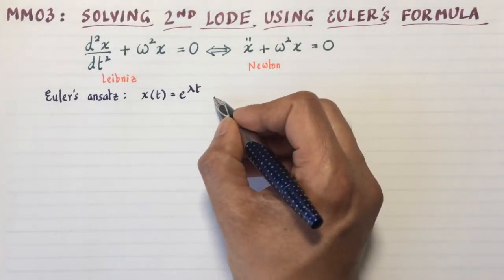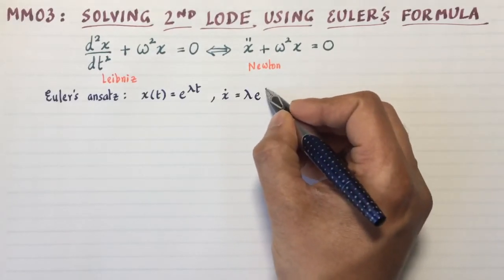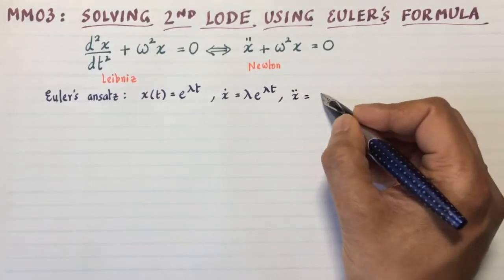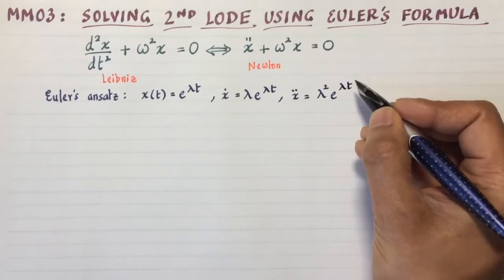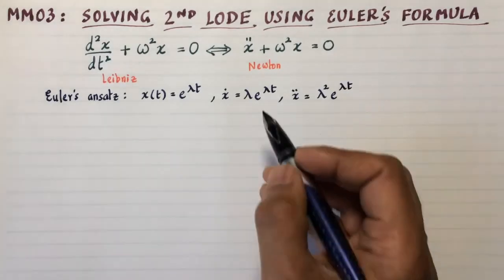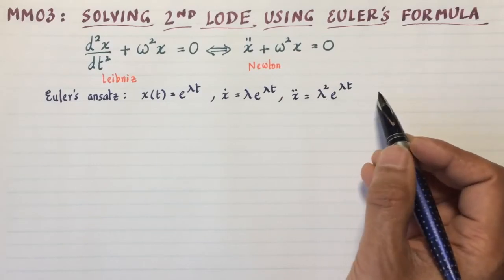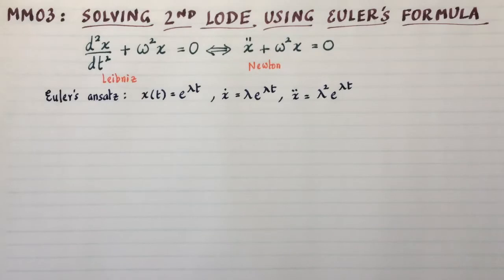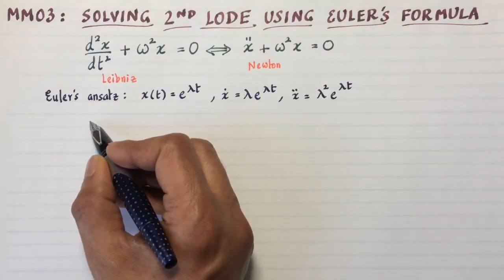So let's take the first derivative. X dot would just be lambda e to the lambda t. And x double dot, the second derivative, would be another factor of lambda multiplying the lambda here. So I get lambda squared e to the lambda t. Now I substitute this into Newton's form of that equation, and I end up with the following algebraic equation.